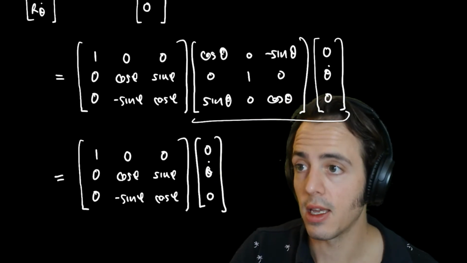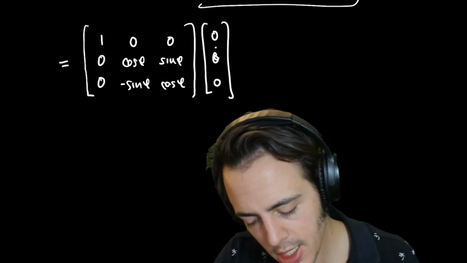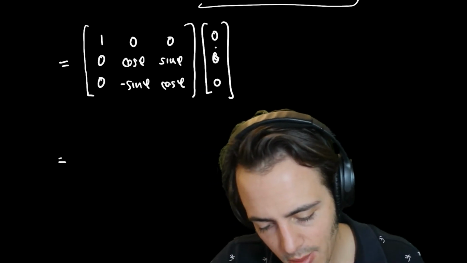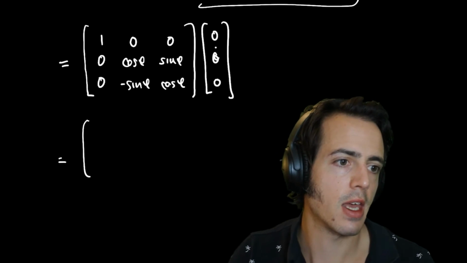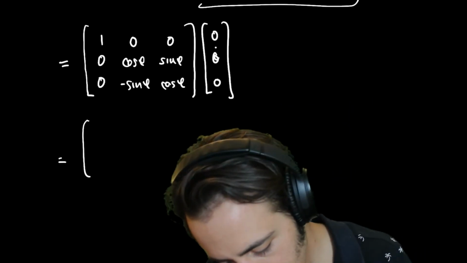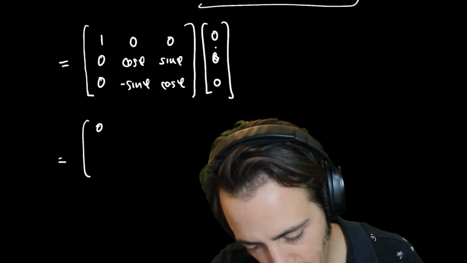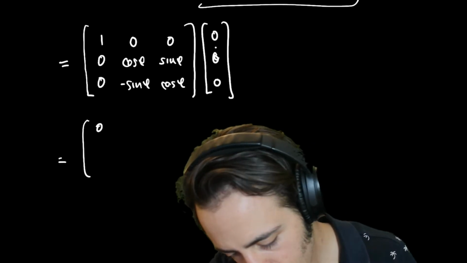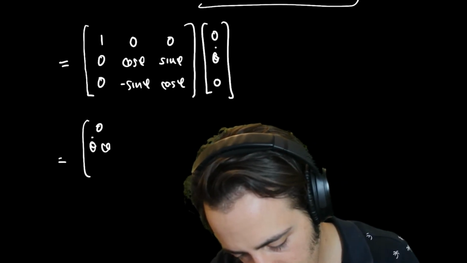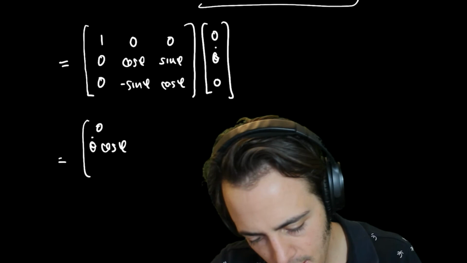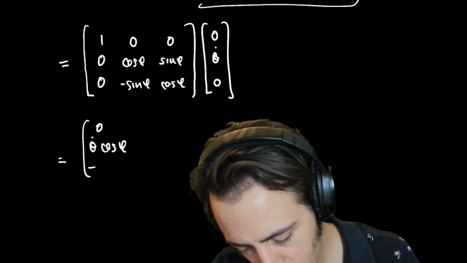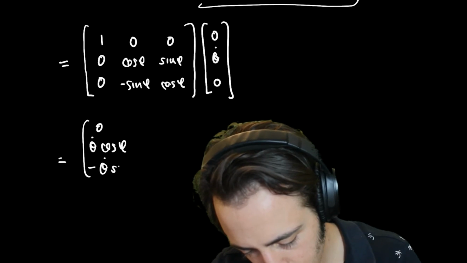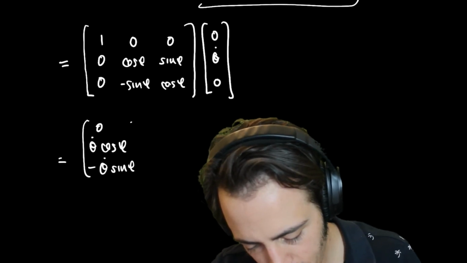That was an easy multiplication to do. Now we can get our next terms out. There's going to be nothing in our first row. The second row is going to be theta dot multiplied by cosine phi, and then the third row is going to be minus theta dot multiplied by sine phi.